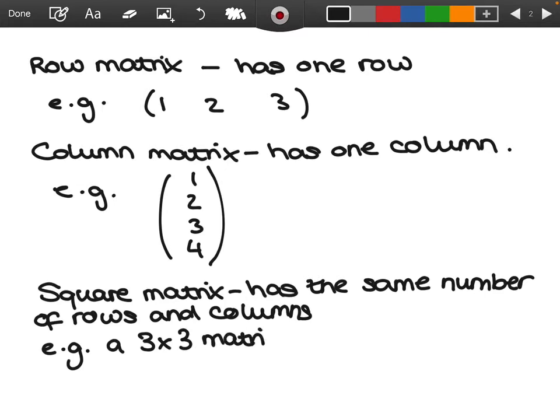So an example of that would be a 3 by 3 matrix. It has 3 rows and 3 columns, same amount of rows as columns, and it could look something like this. That would be a square matrix.